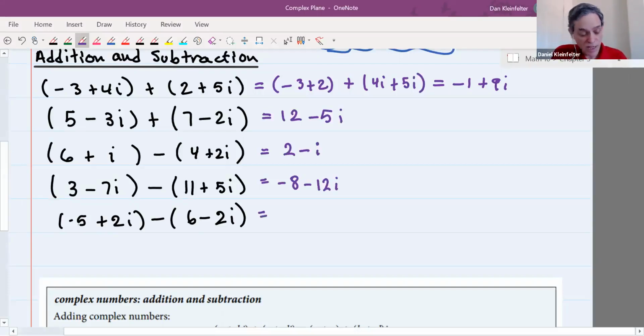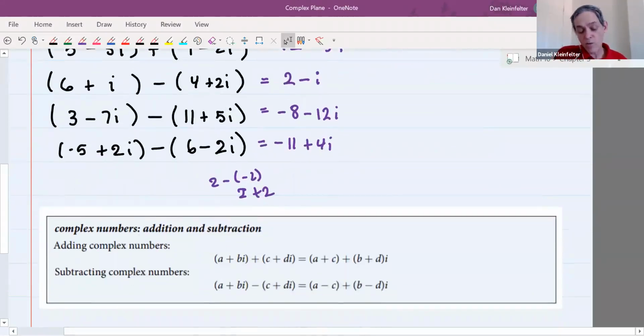Real parts first. Negative 5 minus 6 is negative 11. So far, so good. And then 2i minus negative 2i. So 2 minus negative 2, that's 2 plus 2, or 4, right? So this will be plus 4i. Okay, so be very careful with those double negatives.